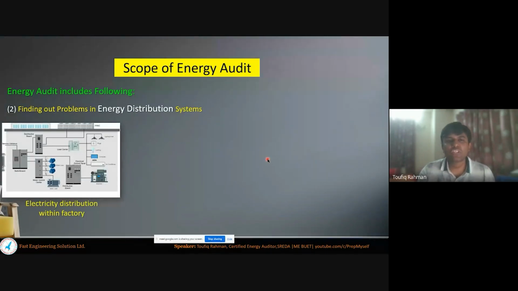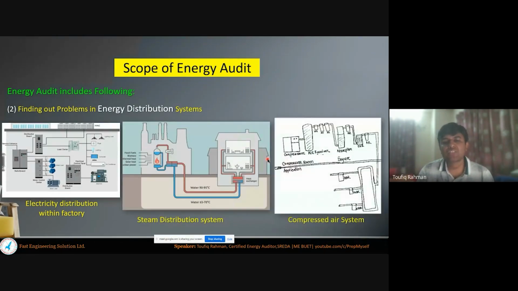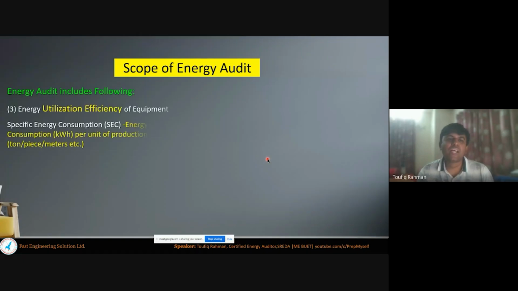An energy auditor can identify problems in the electricity distribution system, as well as the steam distribution system and compressed air distribution system, and find solutions for them, as well as look at the energy utilization efficiency of the equipment. Some equipment may be utilized inefficiently.